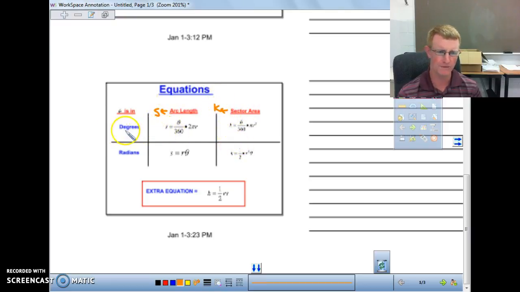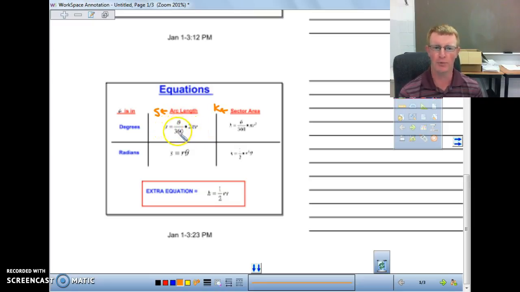Now, if theta is in degrees, we are basically saying piece of the circle. There's 360 degrees in a circle. So whatever the central angle is theta, that's the fraction of the circle we're dealing with. We will multiply that by the full circumference, 2 pi r, to get the arc length.